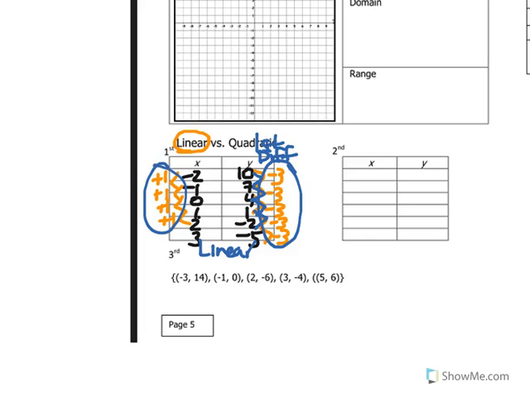Now, I'm going to tell you that the next set of numbers is going to be quadratic. And so what I would like you to do is to place in the x's, let's start with -3, and then -2, -1, 0, 1, and 2.